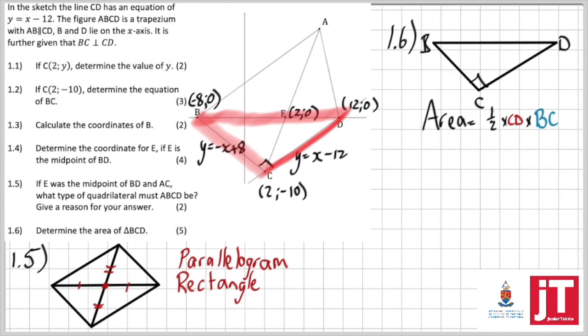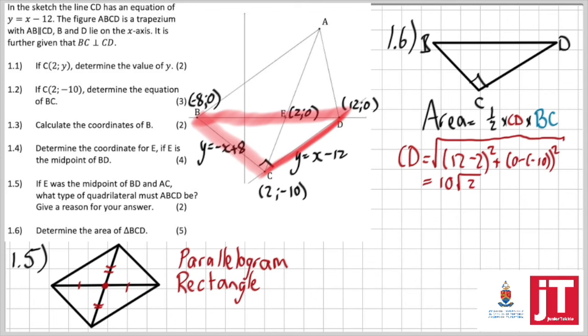So this means that I actually need the lengths of the sides CD and BC. Oh, but wait, that's why it's 5 marks. Using the formula for the distance between C and D, I get an answer of 10 root 2.